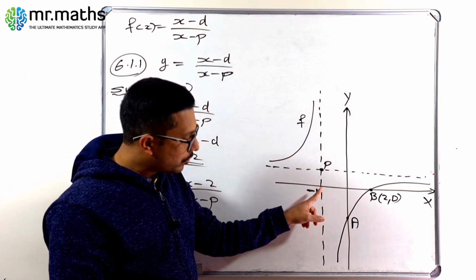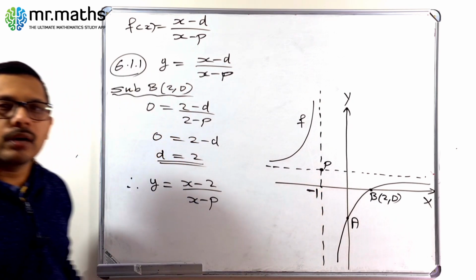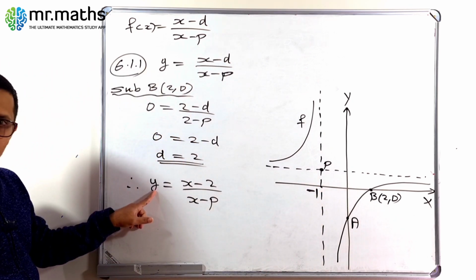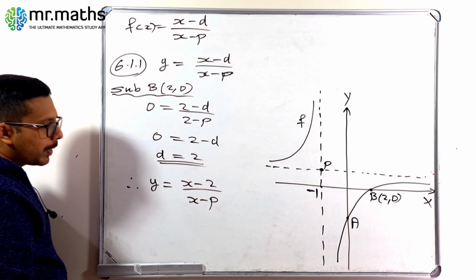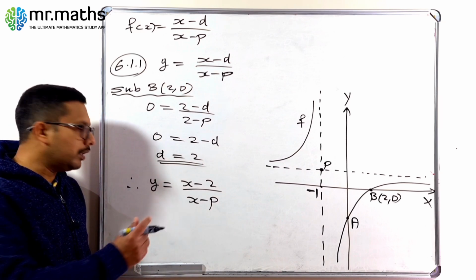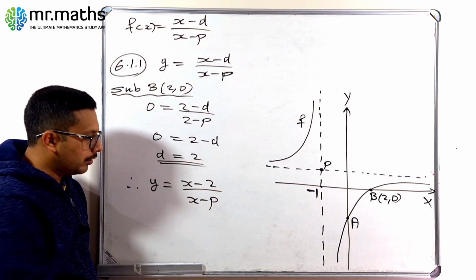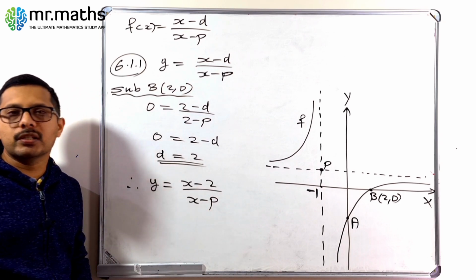So you have to understand that when the x value is -1, the graph f of x, the same as y, is undefined. Now, for this y to be undefined, what does that mean? How can this y be undefined? Look at this one, a fraction.